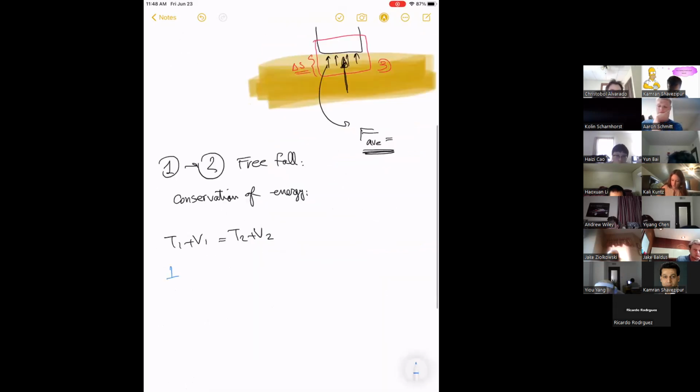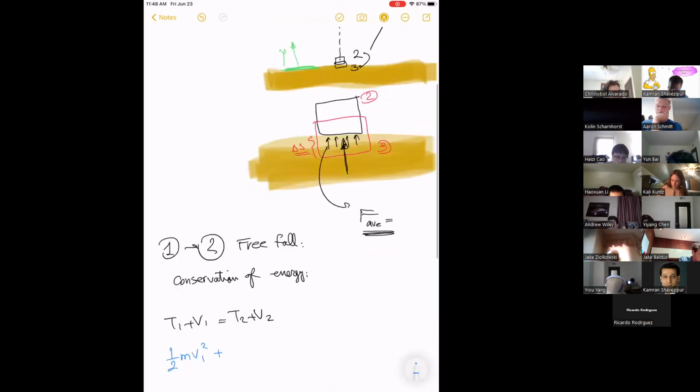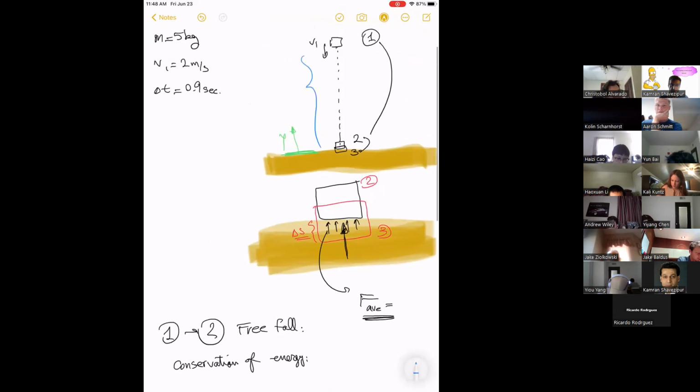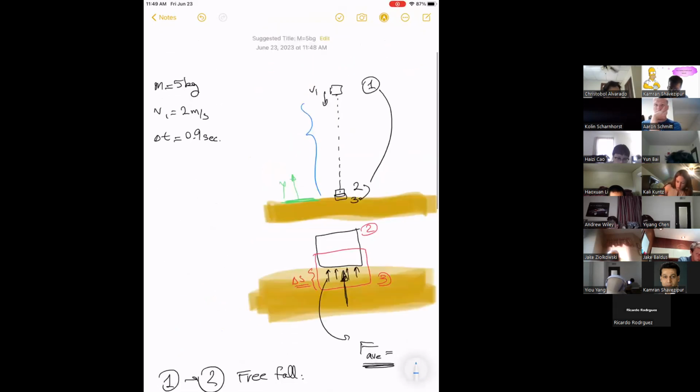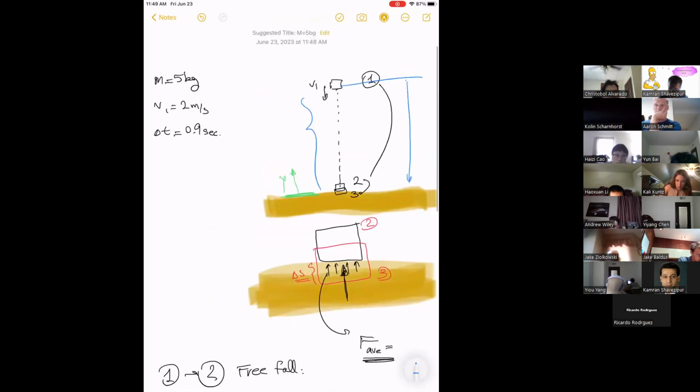T1 is going to be half mv1 squared. V1 is going to be the gravitational part, mgh, and let's call this height h, okay? Which is 8 meters, I suppose.